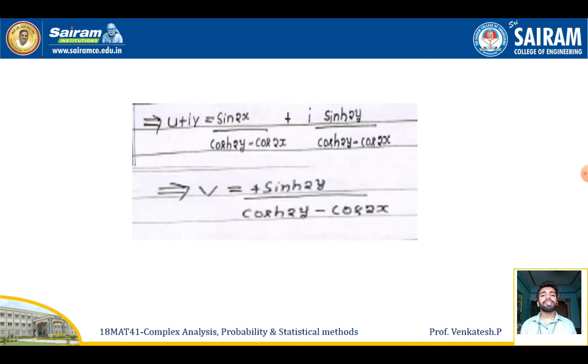So on further simplifying this, I'll be getting u plus iv is equal to sin 2x by cosh 2y minus cos 2x plus i into sinh 2y by cosh 2y minus cos 2x. So on comparing the real and imaginary parts, I can choose the value of v is equal to sinh 2y by cosh 2y minus cos 2x.